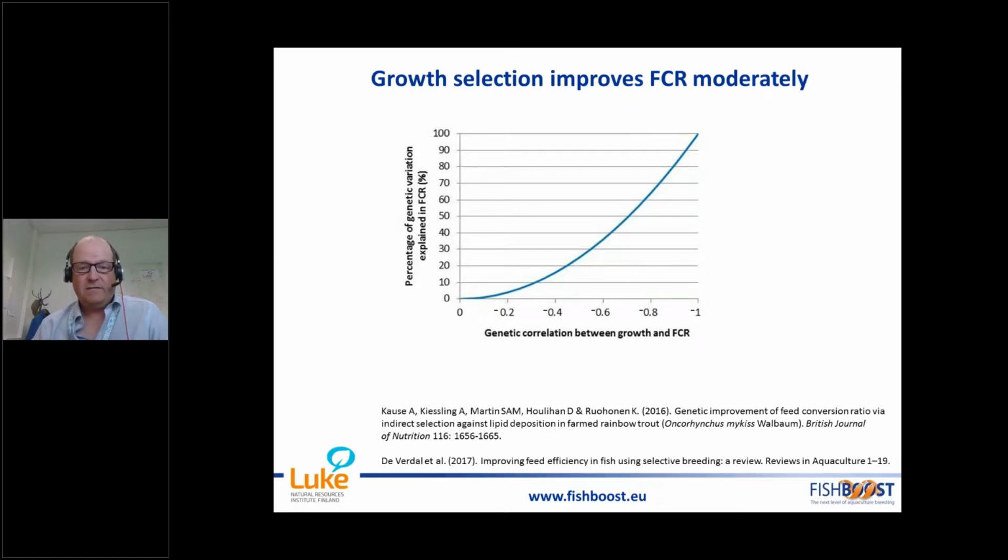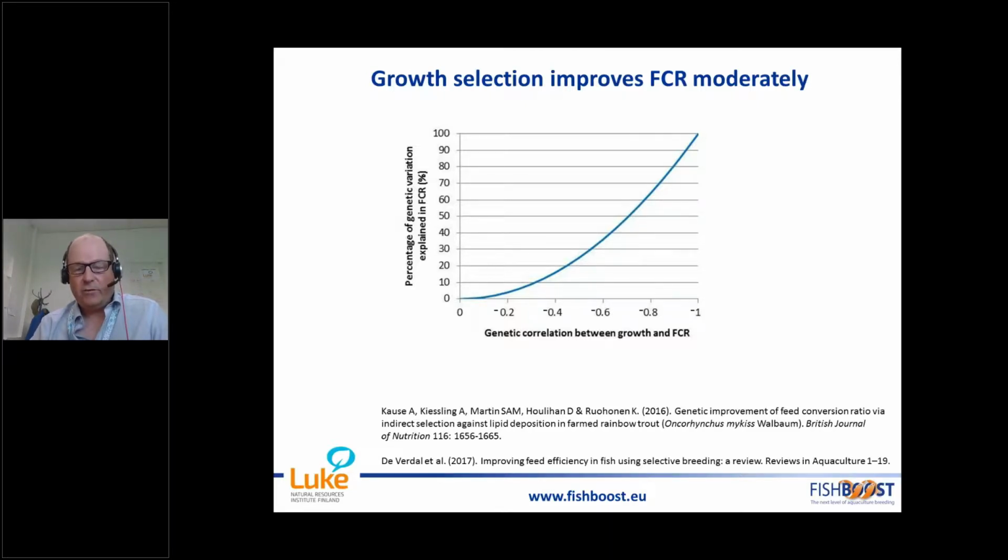And the logic is that if the correlation is -1, then variation in growth explains all the variation in FCR, so 100%. So the fastest growing would be the most efficient. If the correlation is 0, then growth explains 0% of the variation in the FCR.